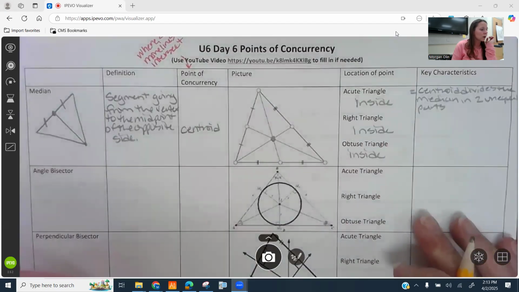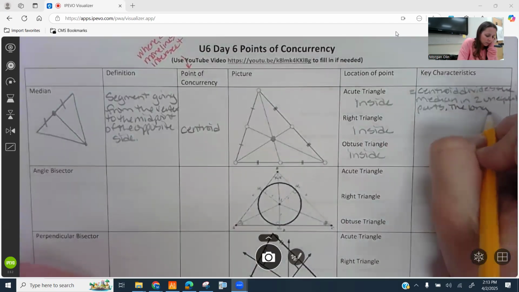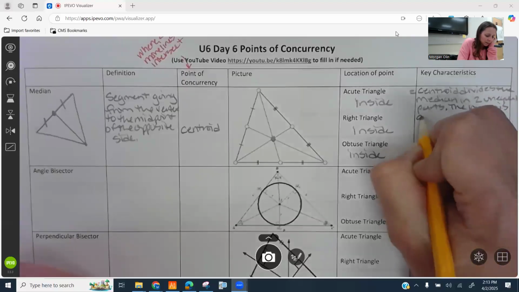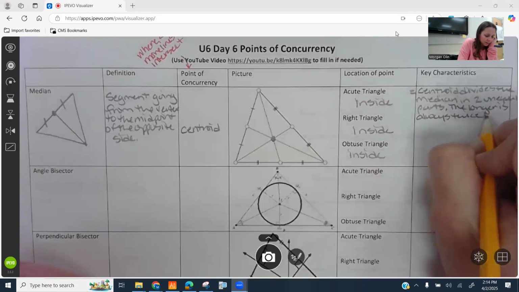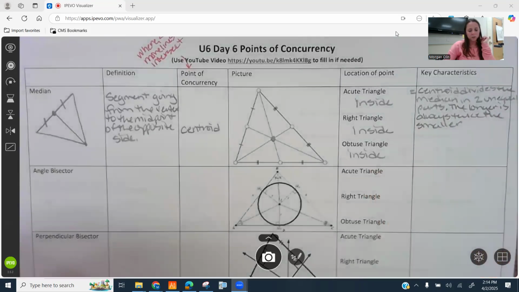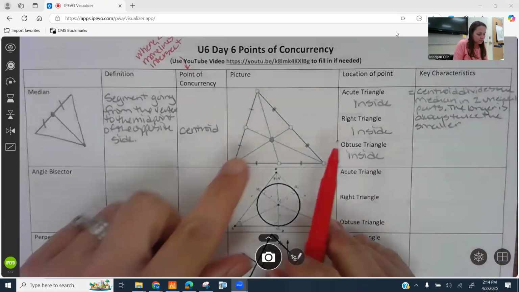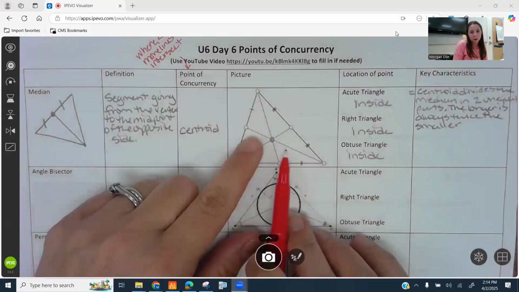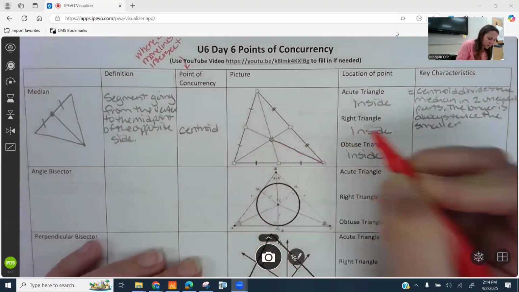Okay, and the longer part is always twice the smaller. All right, so what do I mean by that? Okay, so here you can kind of visually see which part is the long part and which one's the short one. The long part is always coming from the vertex to the centroid.